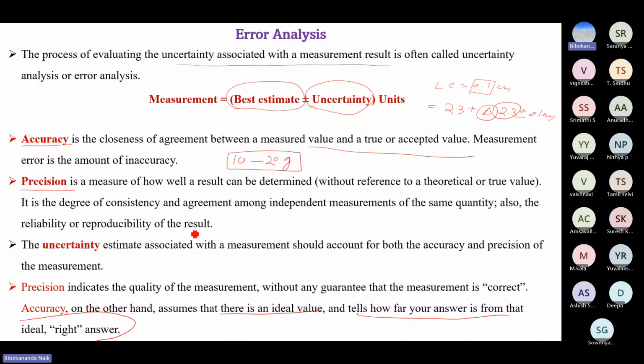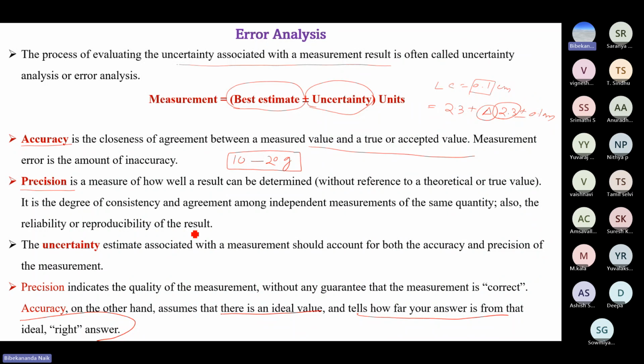If a measurement is closer to the right value or the known value of 17.97 gram, then we will say that this is more accurate. But if the least count of the measuring device is small, then with that measuring device we can go up to more precision. So there will be a more precise reading. This is the basic difference between accuracy and precision.